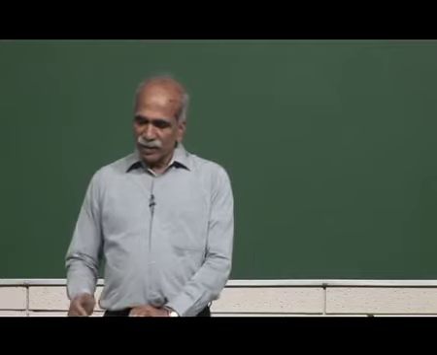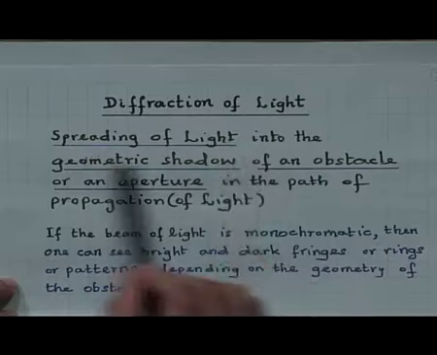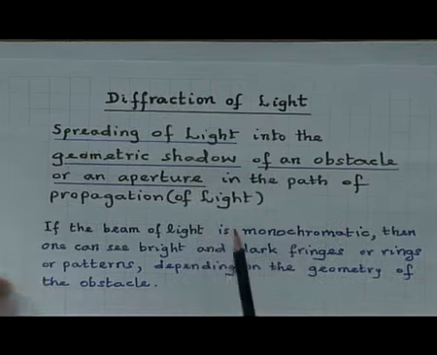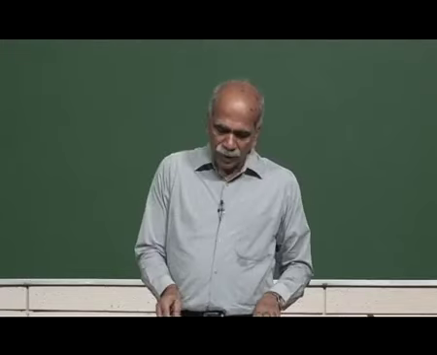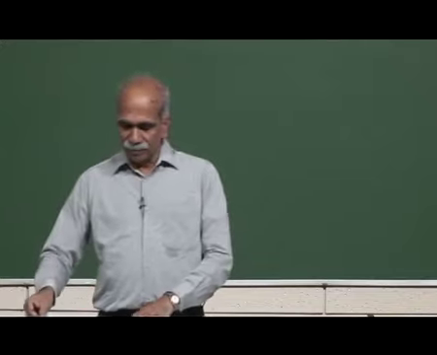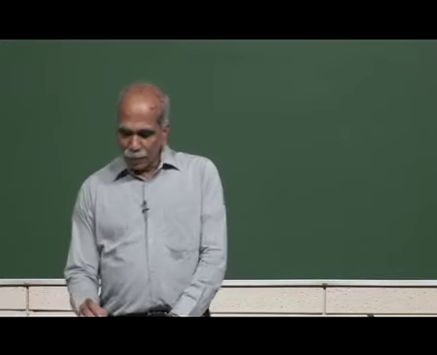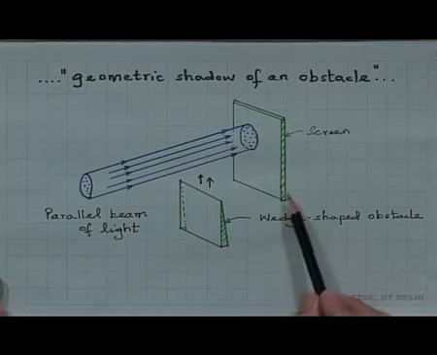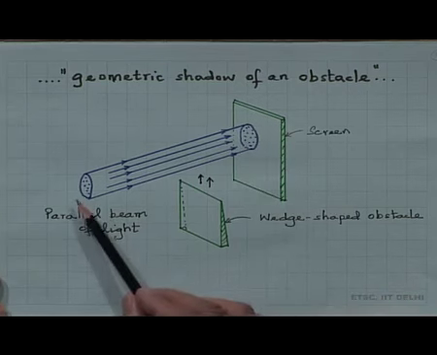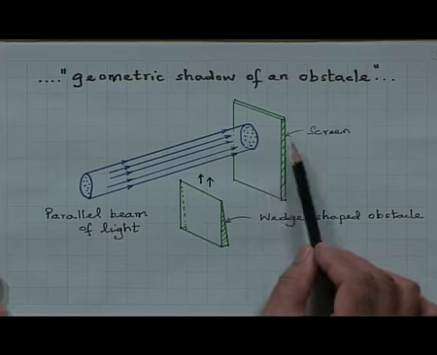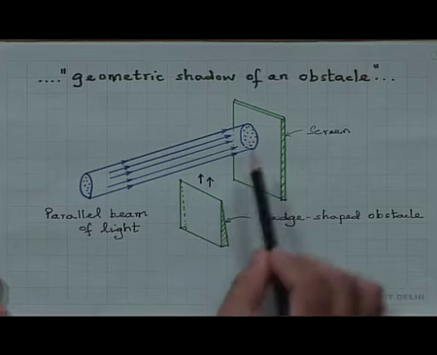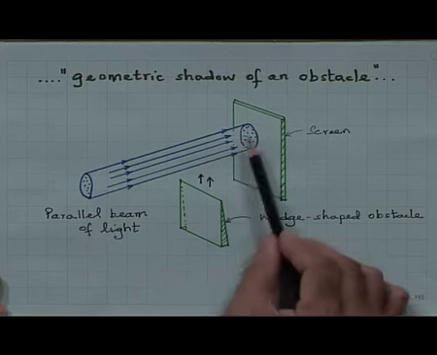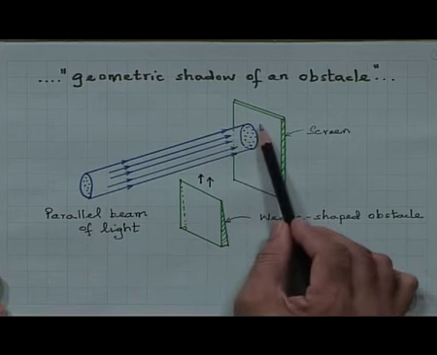So, let me first try to explain what this spreading of light into the geometric shadow of an obstacle is. Consider a parallel beam of light incident on a screen. What you see here is the bright spot of light incident on it.